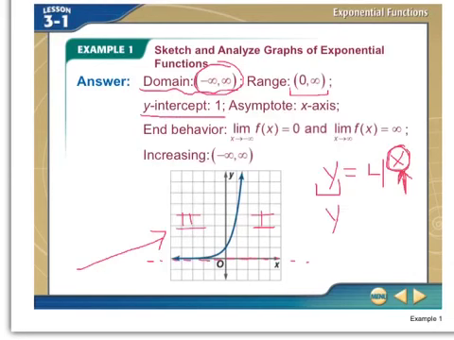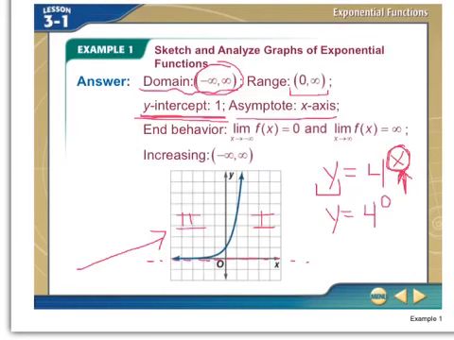If I say y equals 4 to the 0 power, anything raised to the 0 power is 1, so our y-intercept is equal to 1. We have no x-intercept because we approach the x-axis but never intersect it. So there's our asymptote. Our horizontal asymptote is the x-axis.